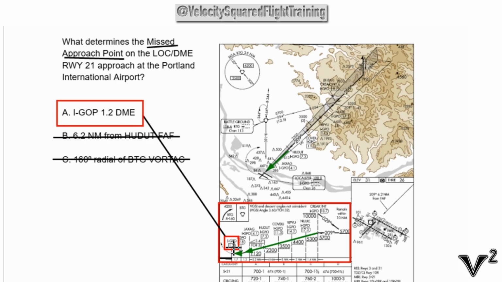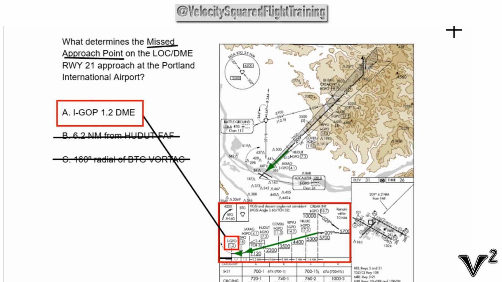So IGPO 1.2 DME, not IGPO 2.8 or IGPO 4.1. These are all certain distances from that. You have GPS telling you your distance, or the actual DME telling you, hey, I'm 1.2 from IGPO. It's time to go missed approach. I haven't seen the runway yet. Time to go.